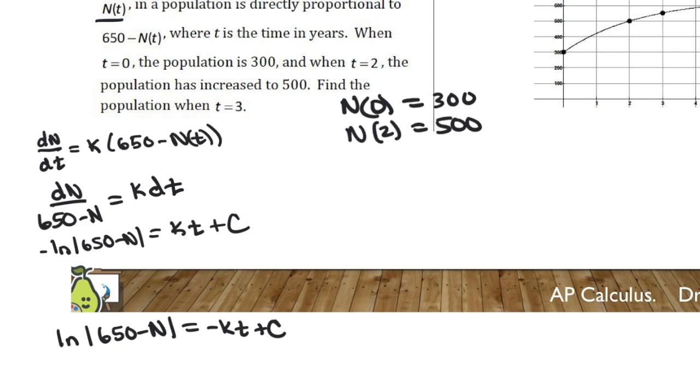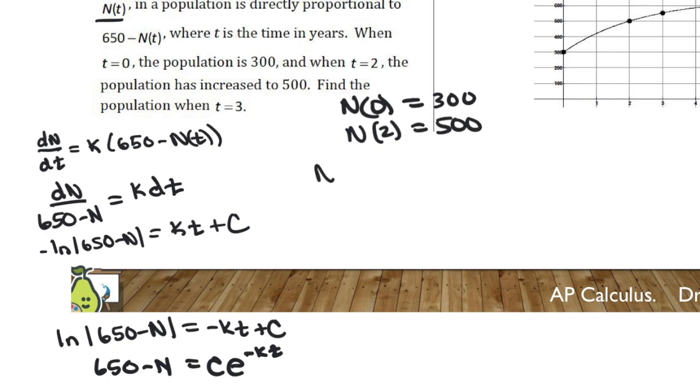All right, so let's start with the 0. When we think about our problem, substitute 0 in. Let's rewrite it some more. We get 650 minus n is equal to c e to the negative kt.